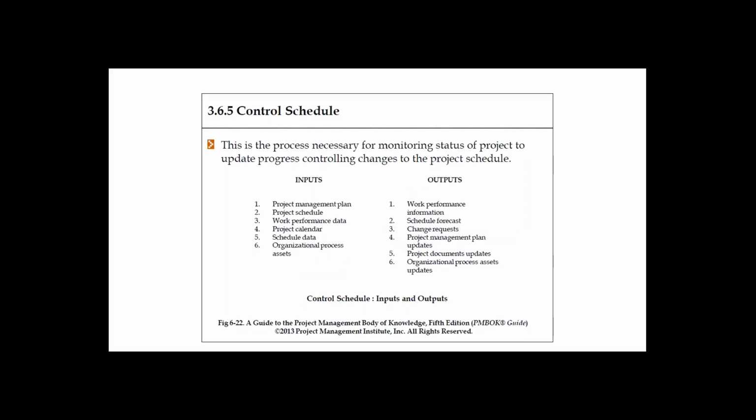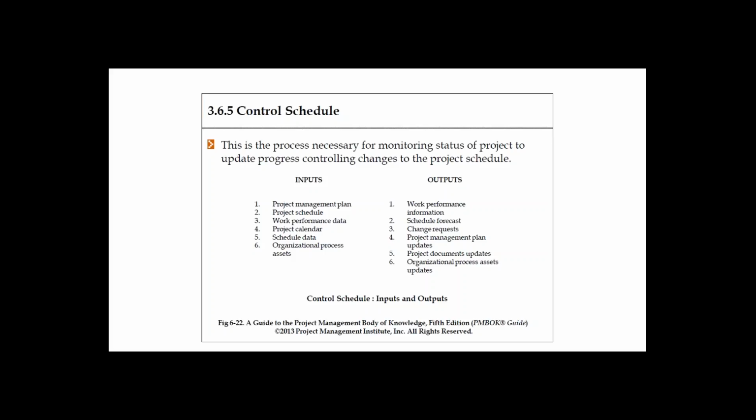Then you have next control schedule. This is the process necessary for monitoring status of the project, to update project progress, and controlling changes to the project schedule. Basically you just need to control your schedule and the factors influencing the schedule changes, keeping it in check and aligned with the schedule baseline.